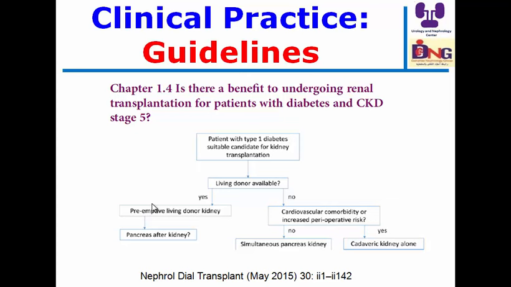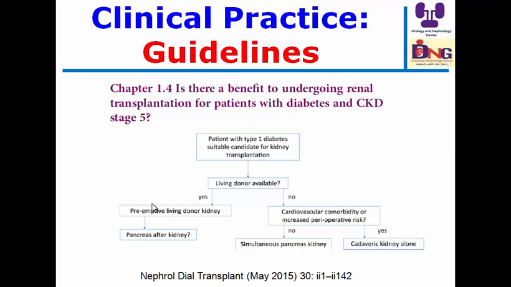So if we have type 1 diabetes with end-stage kidney disease and a living donor, proceed with living donor kidney transplantation, because the outcome will be superior in comparison to leaving him on dialysis. And then you can consider cadaveric pancreas later on. If there is no living donor, assess his status.